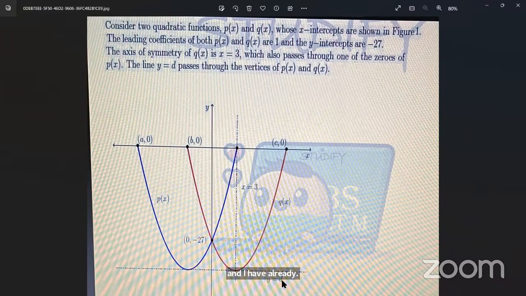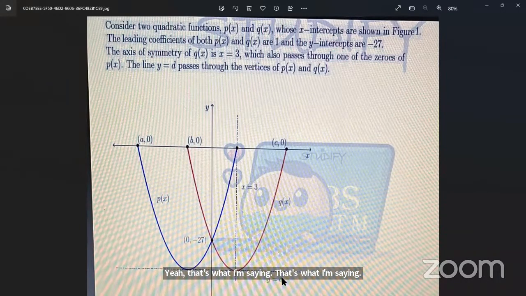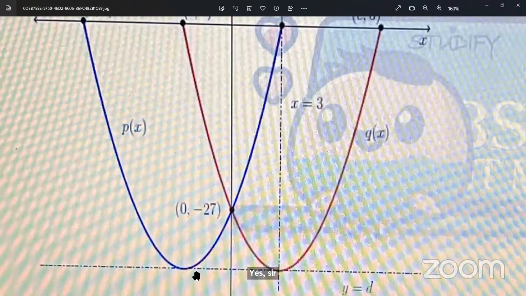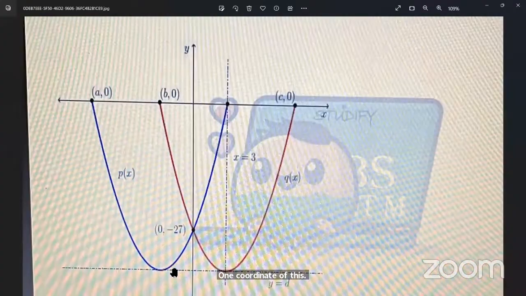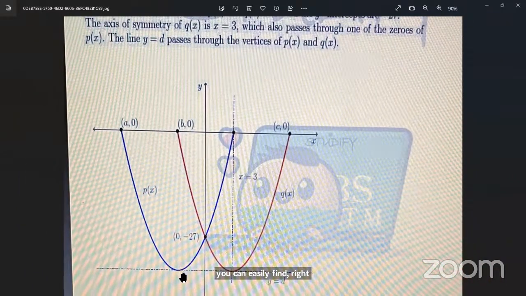I have found that, but I was saying how to find the equation of p(x), sir. Just listen to me carefully. Once you got the value of d, one coordinate of this, the y coordinate, you can easily find, right? It's -36.